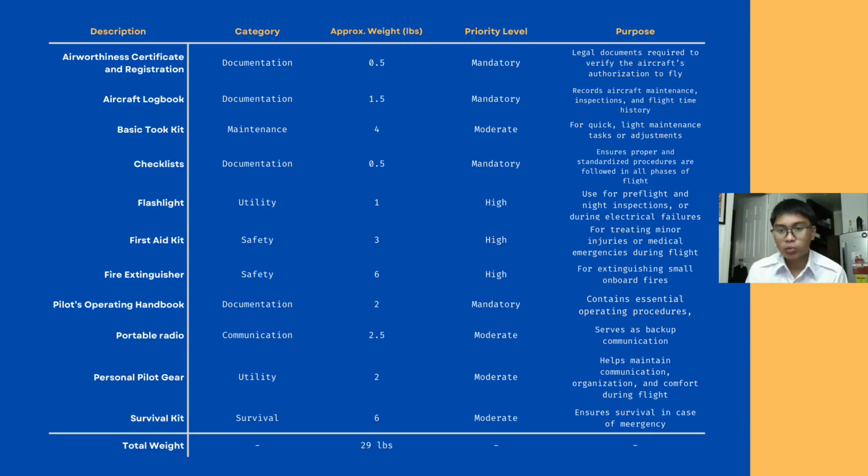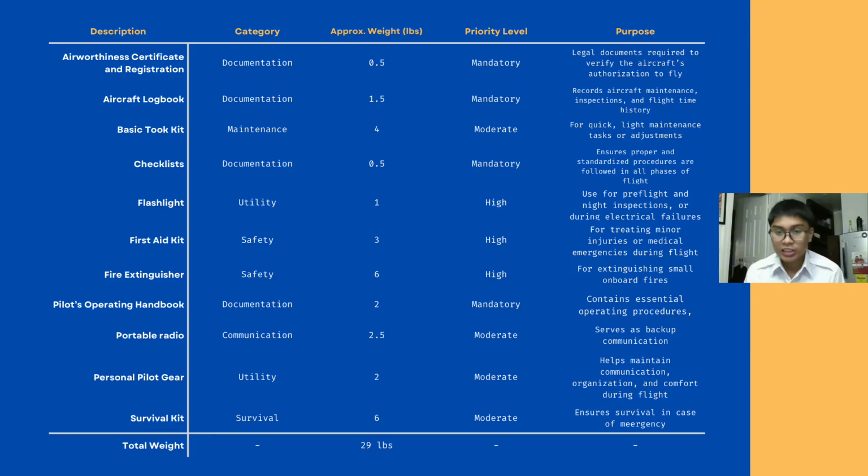Next, we have the fire extinguisher. It is high for extinguishing small onboard fires, if ever it comes to that. The pilot's operating handbook is a mandatory priority level as it contains essential operating procedures. A portable radio is moderate. It serves as backup communication.